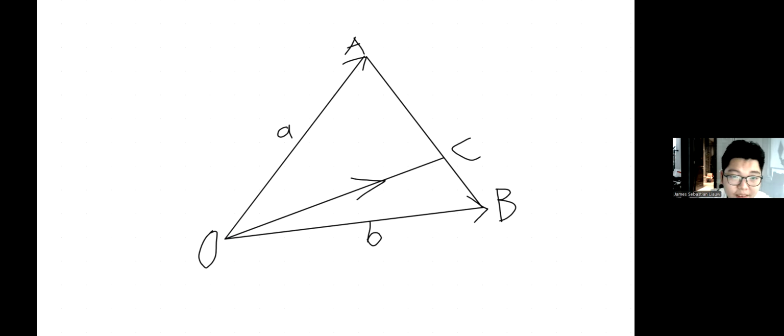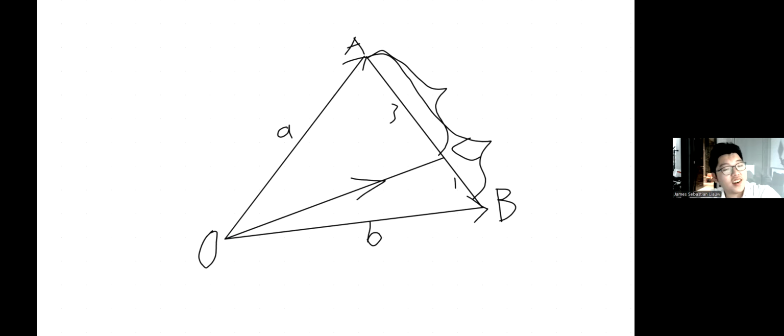If you think about it, let's say AC to CB is 3 to 1. From there, you can find AC because AC is just 3/4 of the full length of AB. And then from there, you can add these vectors together.